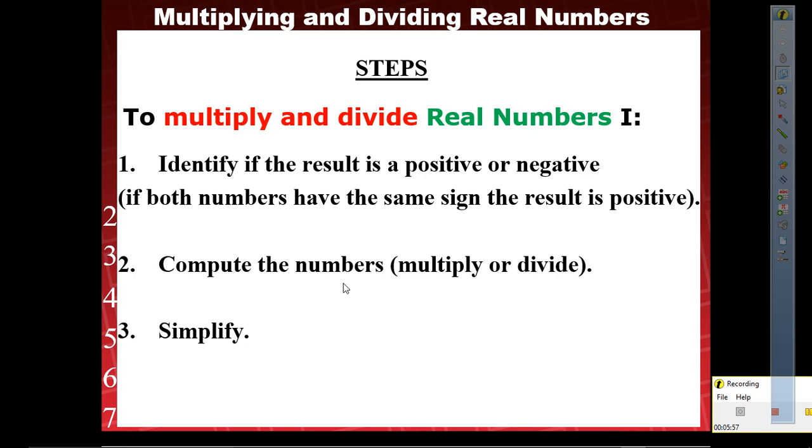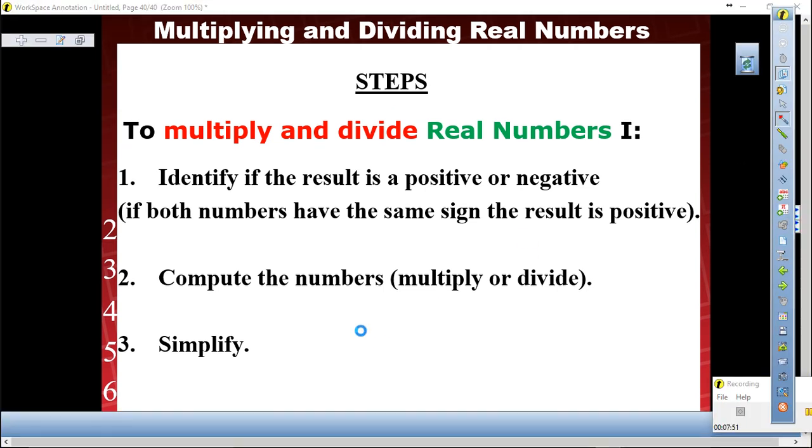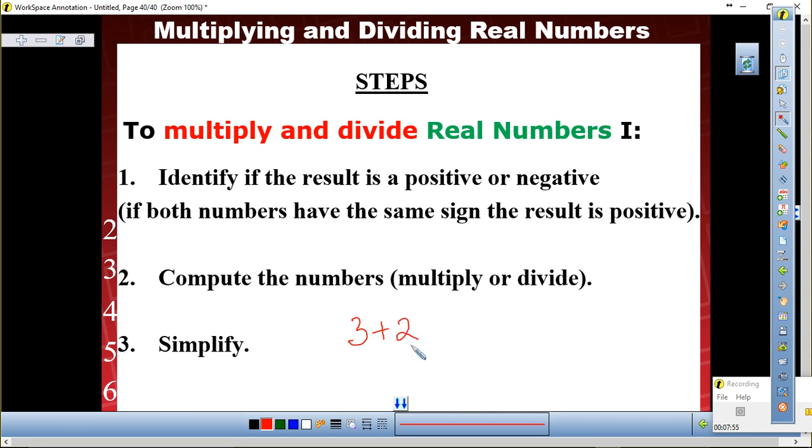Think about last year when they asked you to solve, didn't you solve for X or for Y? In this case, we don't solve. Look at what we did yesterday. Something like 3 plus 2. Can we solve this? No, there's nothing to solve. We can simplify it. What is 3 plus 2?